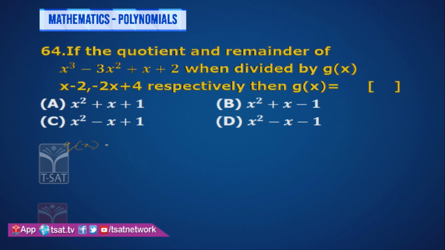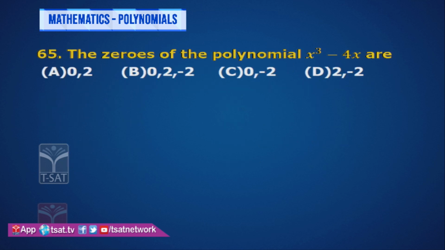Q of x is given as x minus 2. And what is the remainder? R of x is given as minus 2x plus 4. What should be divided? That is P of x, x cube minus 3x square plus x plus 2. What do we have to find out? The divisor, that is g of x equals how much?